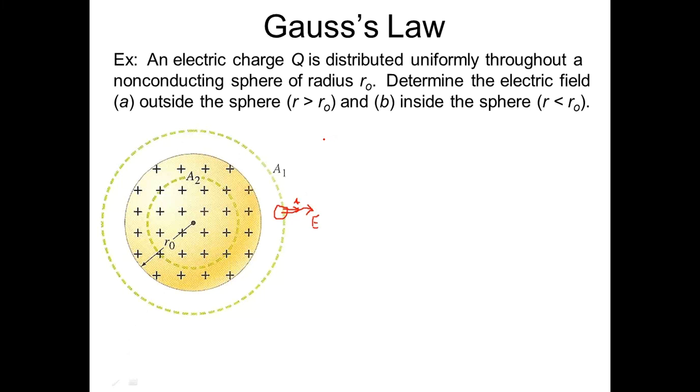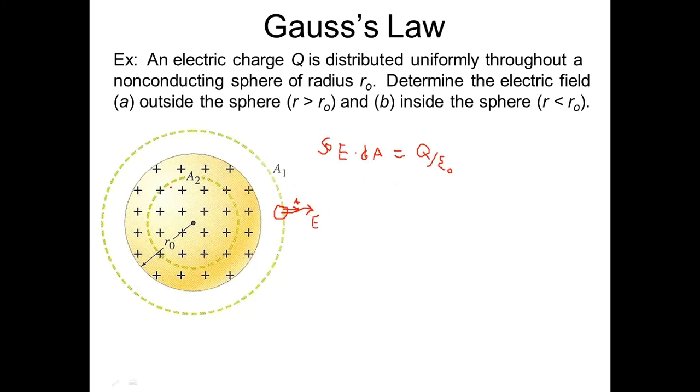And so when I do Gauss's law, oh, I like this so much better. E times dA equals Q enclosed over epsilon naught. Can you see that E vector is going to be constant everywhere? Again, I'm hoping you guys see that.